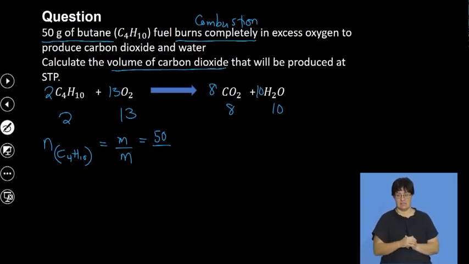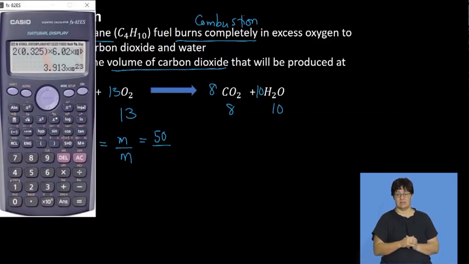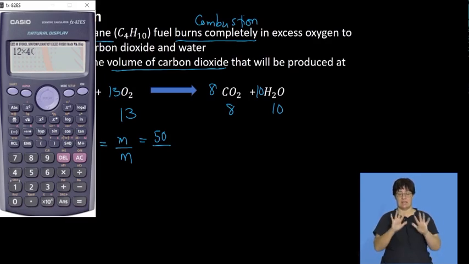Just to verify that by means of a calculation, the mass of carbon is 12 multiplied by 4, then we would add 10 for hydrogen, that gives us a value of 58.